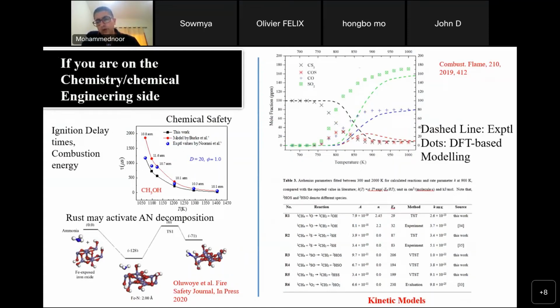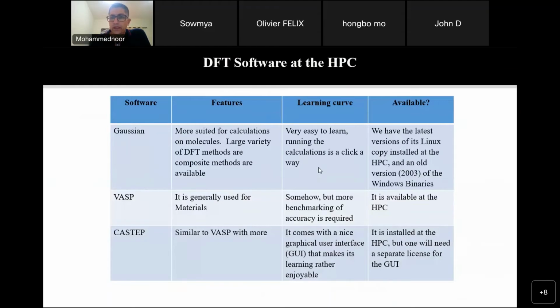For example, if you have a plastic material and you would like to predict what pollutants might be emitted from burning it, then DFT can be used to draw the mechanism, as well as to calculate reaction rate constants. And from the reaction rate constants, we can establish the kinetic model.